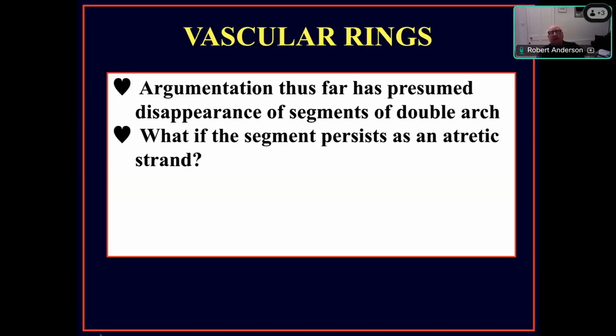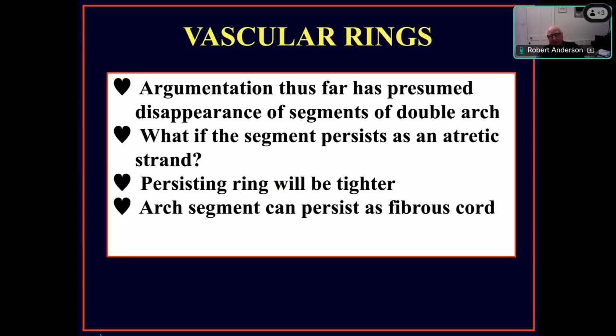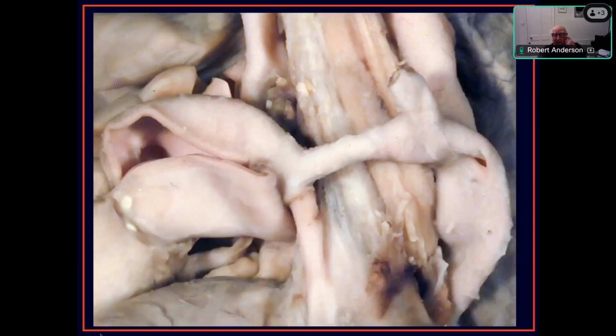Then the rings will be very much tighter, and any of those segments can persist as a fibrous cord. And we know that in terms of the arterial duct, because we know that often persists as the arterial ligament. So the same can go for those other components of the potential ring.